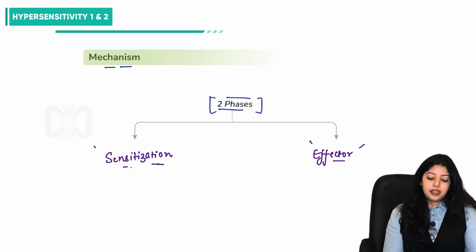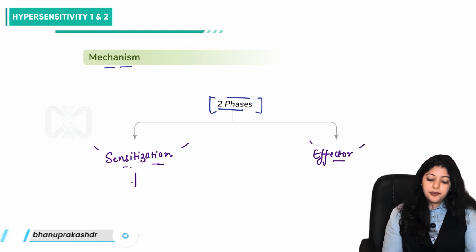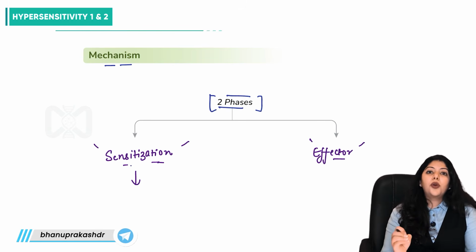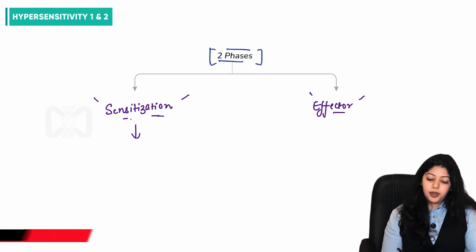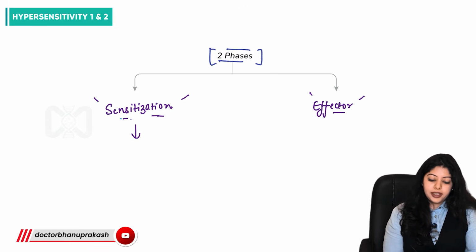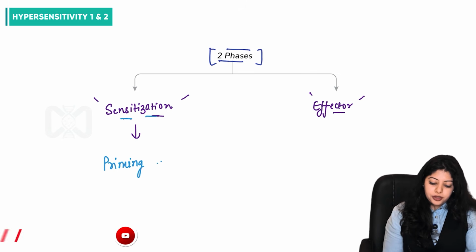In the sensitization phase, the allergen or foreign antigen is saying hello to the host cell. It is the first interaction of the allergen with the host cell. This dose of antigen is known as the priming dose of allergen.